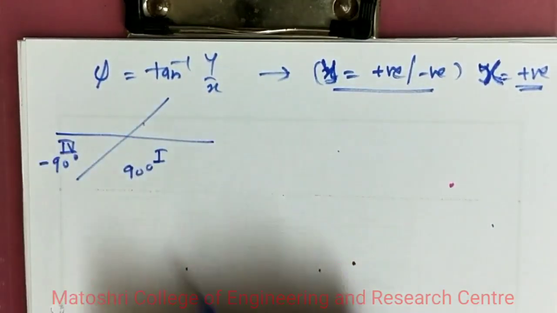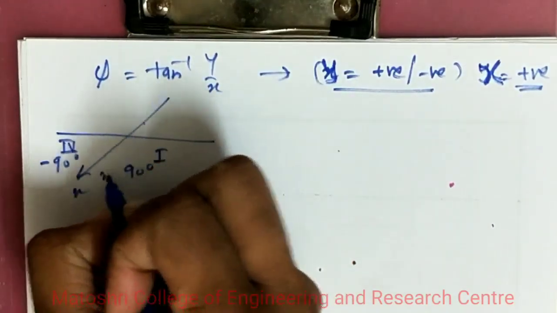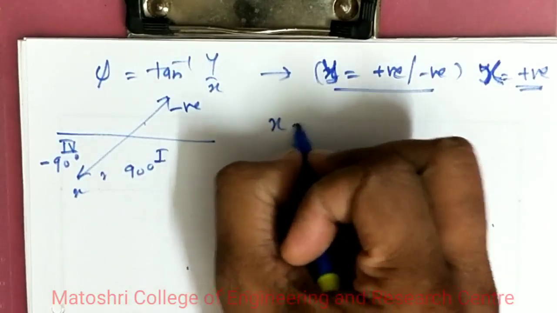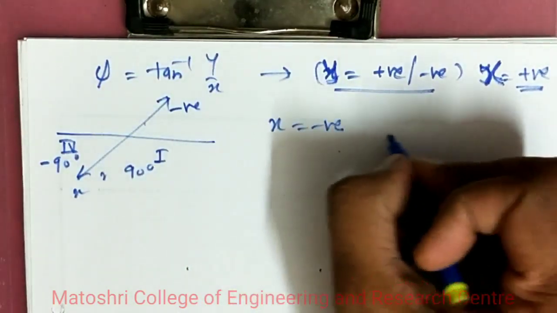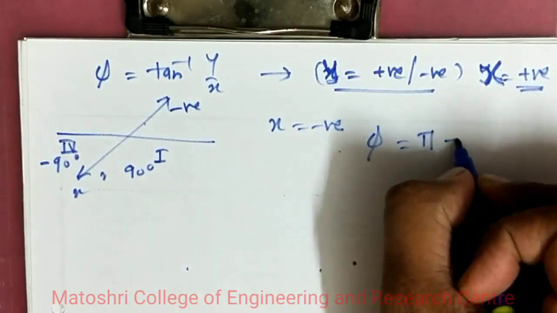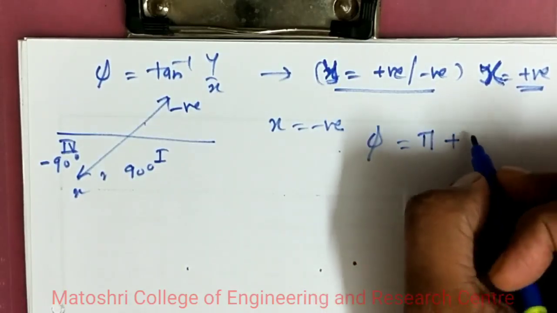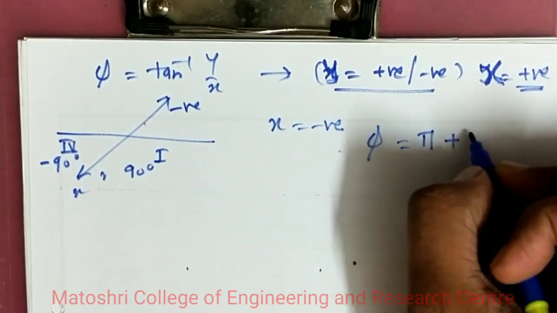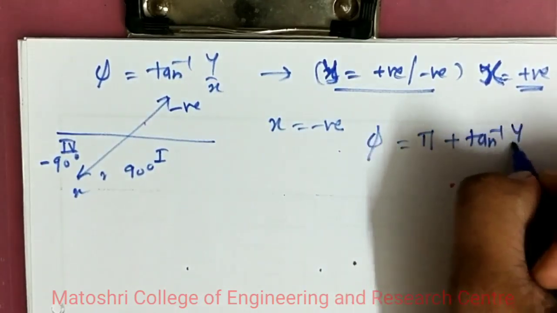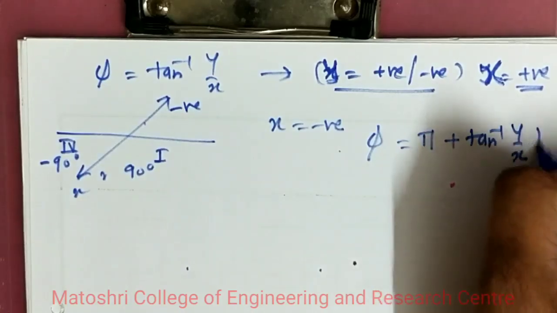But when x is negative, then angle phi is pi plus tan inverse of y by x.